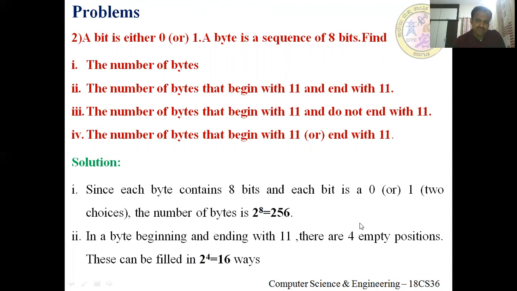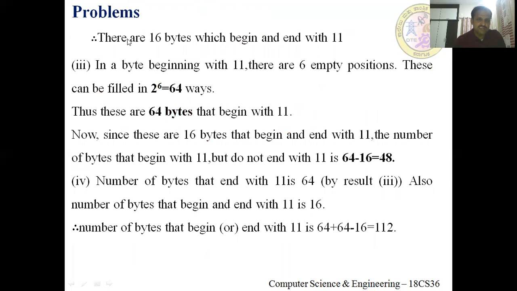The remaining 4 locations are empty. In each of the 4 positions, I can place either 0 or 1. That's why the total number of ways of filling the remaining 4 vacant positions is 2 to the power of 4, which is 16.